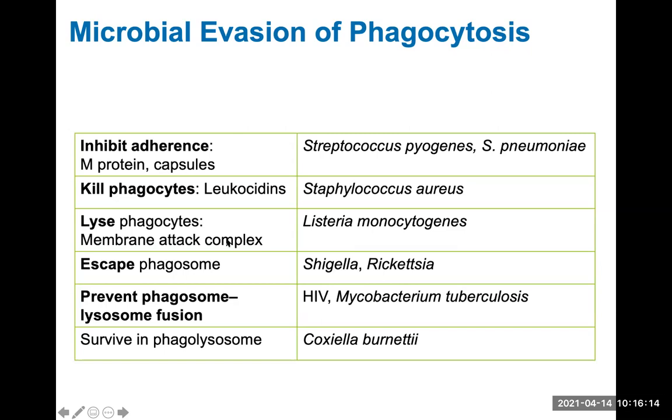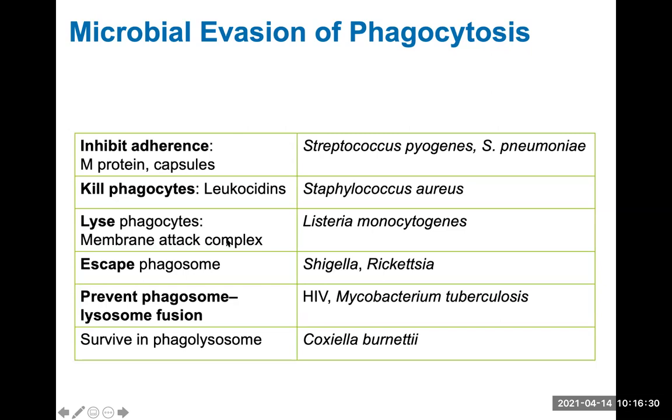Then we have Shigella and Rickettsia. And remember, Rickettsia, Rocky Mountain spotted fever, for example, all of the spotted fevers are different Rickettsia bacteria. They're able to escape the phagosome, and so is Shigella.